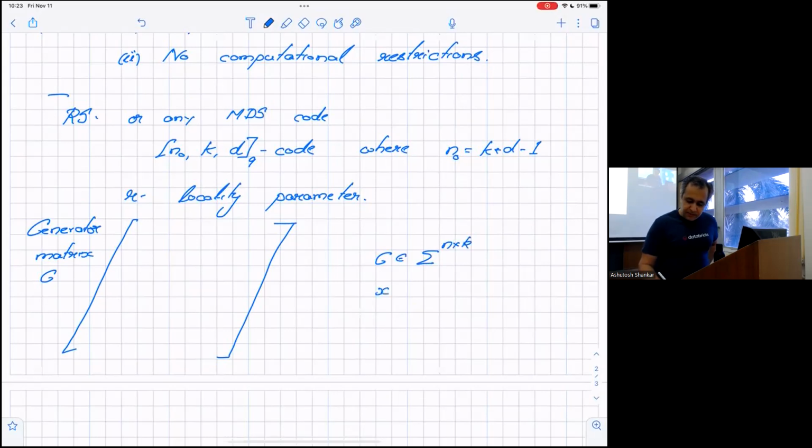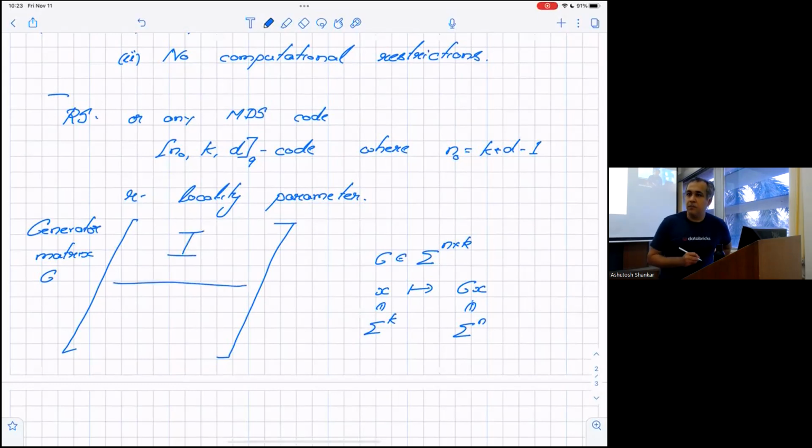X in sigma to the K gets mapped to the symbol G of X in sigma to the N. Because it's systematic, the first K by K part of it is I. So it has I sitting on top of it. Therefore, the first K bits of the code word are exactly the message bits.